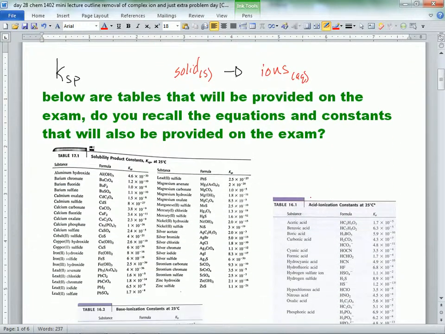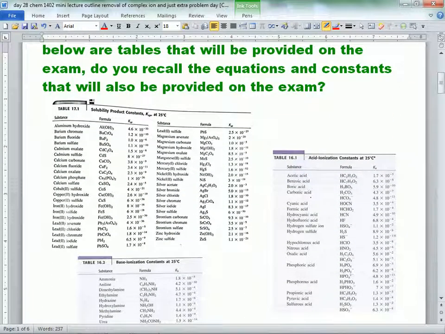Okay, I added this since your handout, I actually added it this morning, just to remind you that you're given a Ksp table, a Kb table, a Ka table, right? And then there are some equations and constants. Now let's see if you remember these equations that I'll be giving you. Vanessa, you remember one of the equations that you're going to be needing?